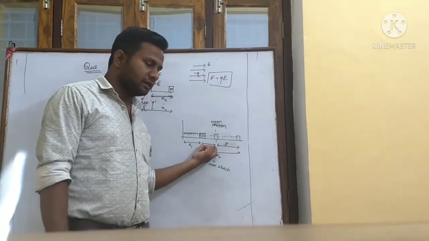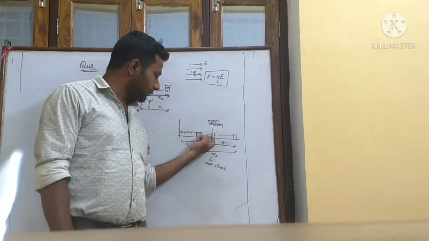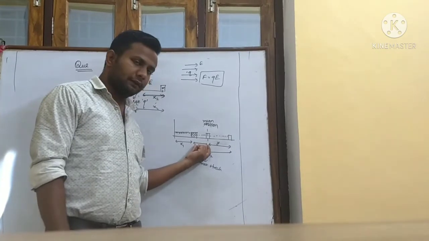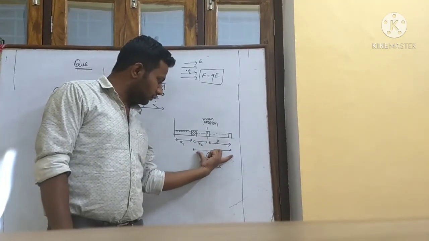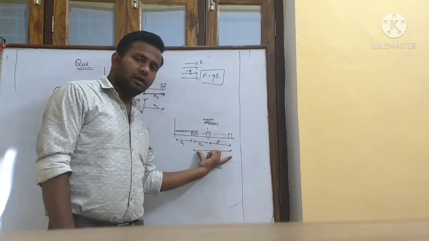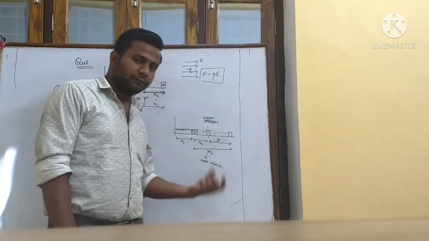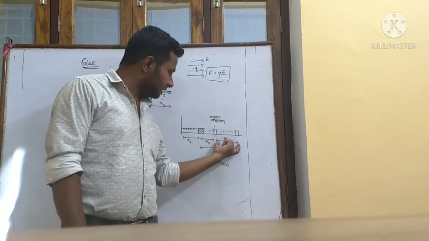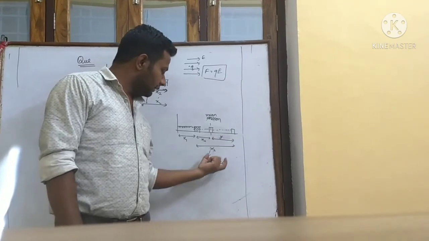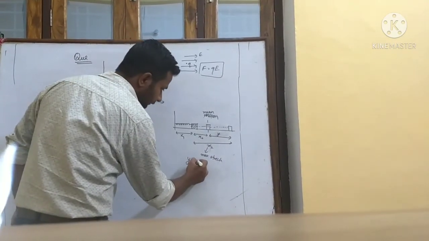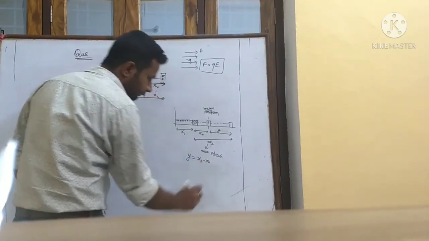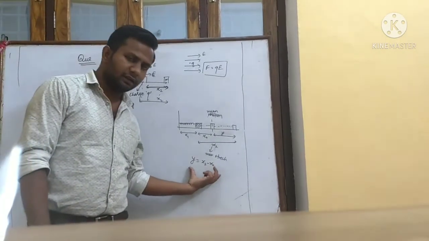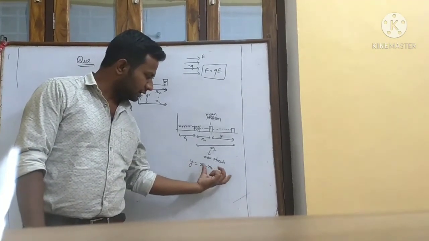This x naught is the distance of mean position from the original length of the spring, and this total x2 distance is the maximum stretch in the spring. Okay, so I am taking this distance as y. What is y? y is equal to x2 minus x0. That's it.